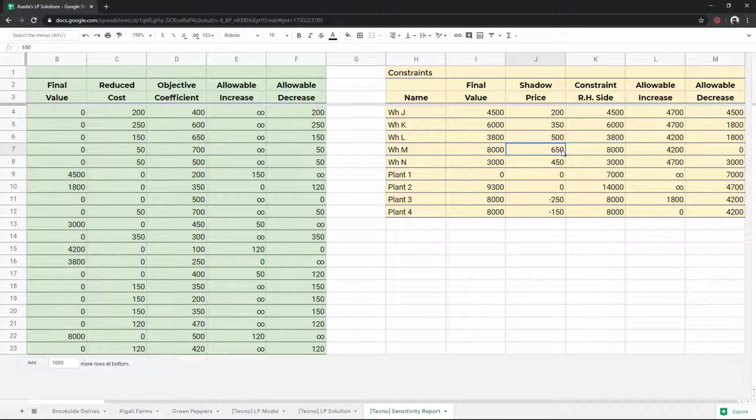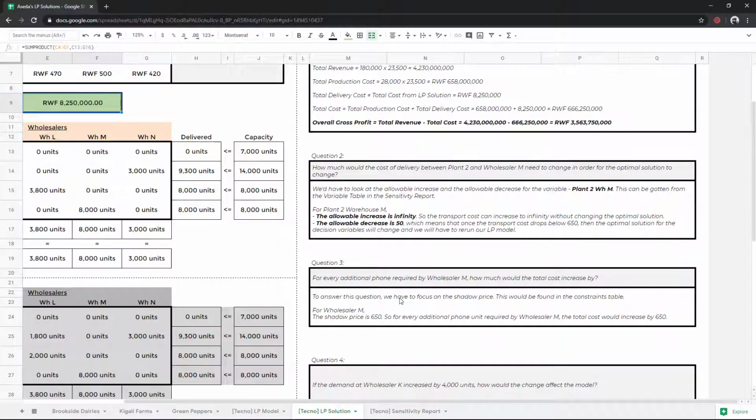And in the next video we're going to confirm that, right? So we see that the answer is saying for wholesaler M, the shadow price is 650. So for every additional phone unit required by wholesaler M, the total cost would increase by 650. So we're done with question 3.